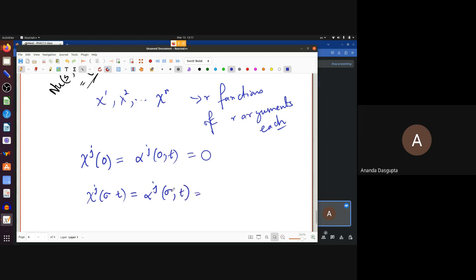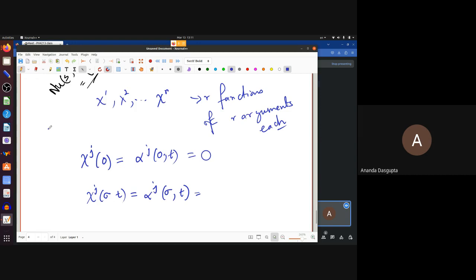And we know what it is when sigma is small. What is it? If sigma is 0, what is it? 0. When sigma is small, what is it? Come on. If you know a function at 0, you want its value at a small value for the variable, what do you do?